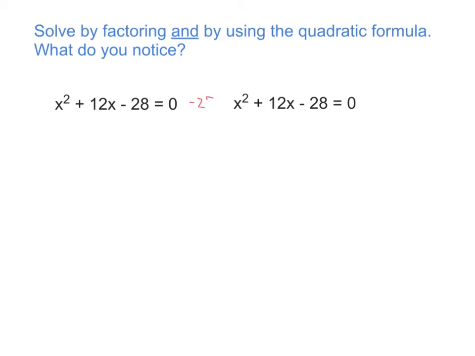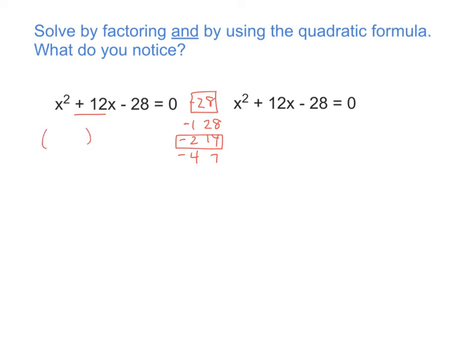So I'm going to write the negative 28 here, and I'm going to write down my factors of 28. 1 times 28, but one of them has to be negative. 2 times 14, but one of them has to be negative, and 4 times 7, but one of them has to be negative. Which of these factor pairs adds up to our middle term of positive 12? Well, these two right here add up to positive 12.